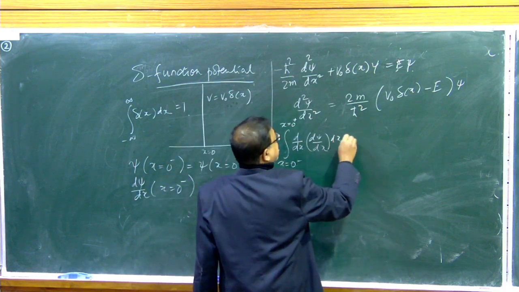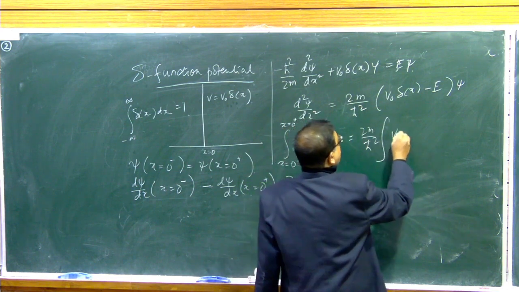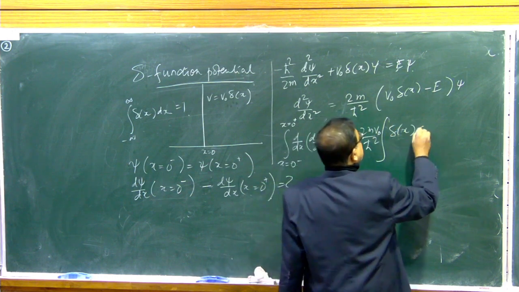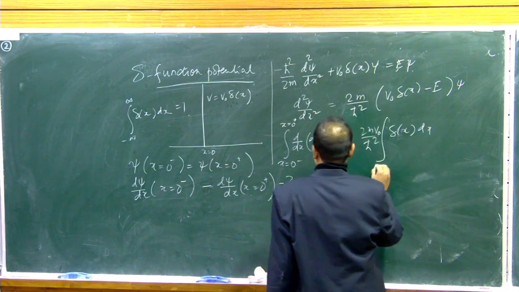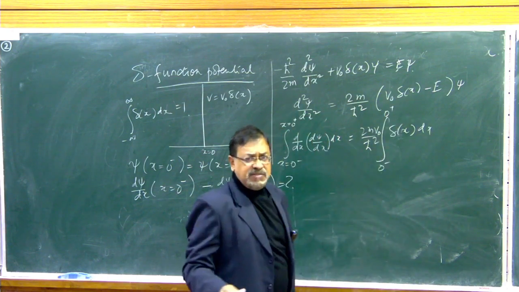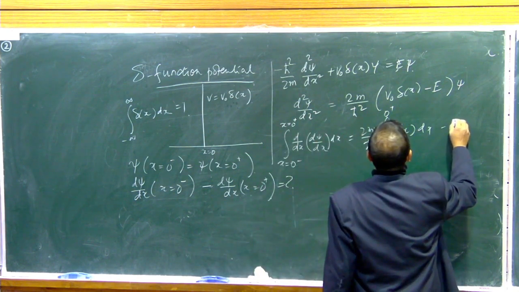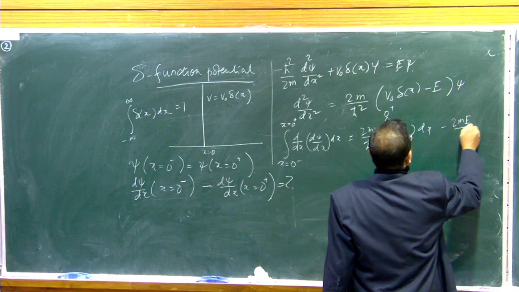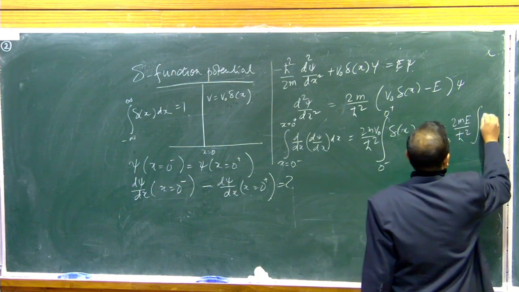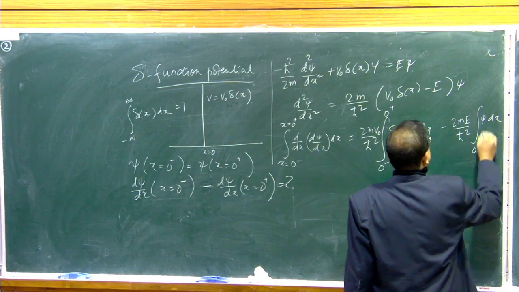This is simple because V naught can go out, delta x dx from 0 minus to 0 plus, actually from minus infinity to plus infinity, it doesn't matter, minus 2mE by h cross square, integral of psi dx from 0 minus to 0 plus.